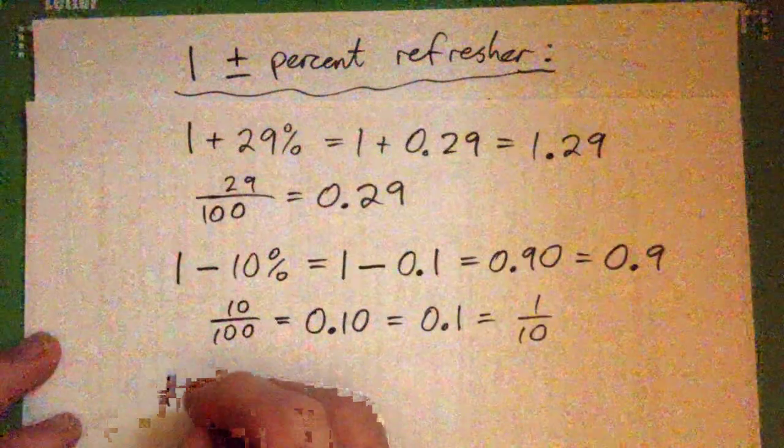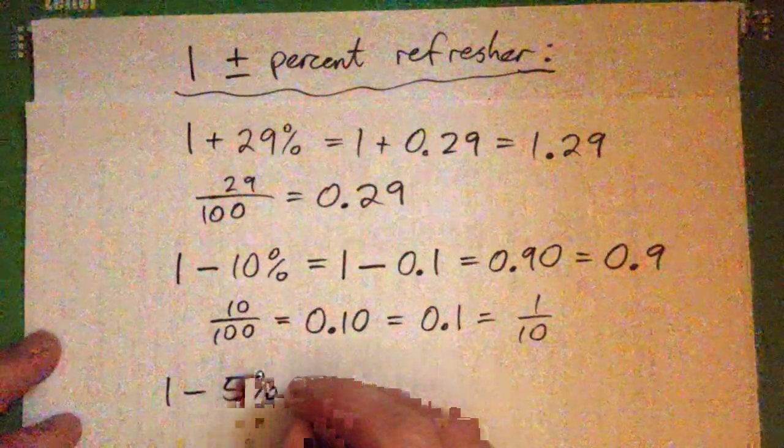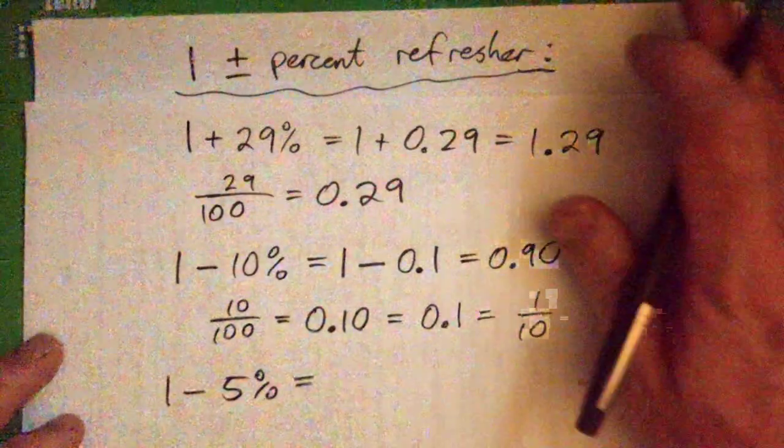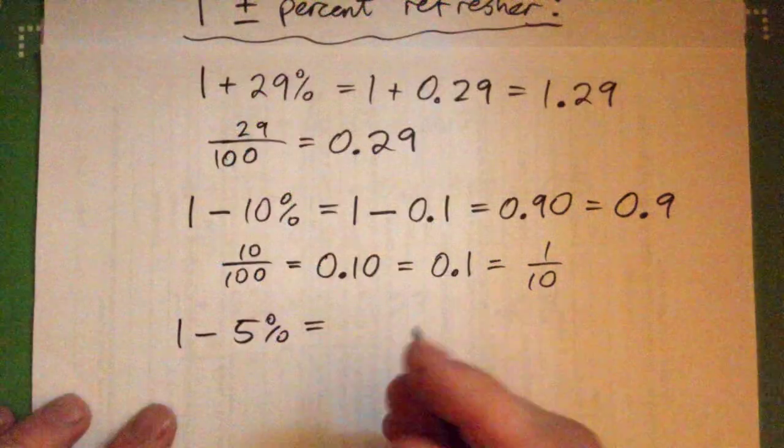Here's another one. I want everyone to do this: 1 minus 5%. Again, press pause on the video or race me if you can. But we have to know this stuff. 1 minus 5%.